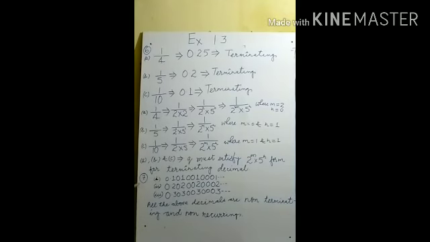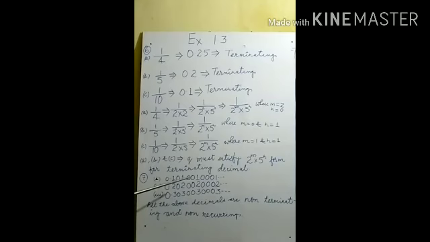In question number 7, we have to write different numbers which are irrational. The first example can be noted down. What are irrational numbers? In the previous lecture I told you decimals are basically of two types. First one is terminating decimal and second one is non-terminating decimals.